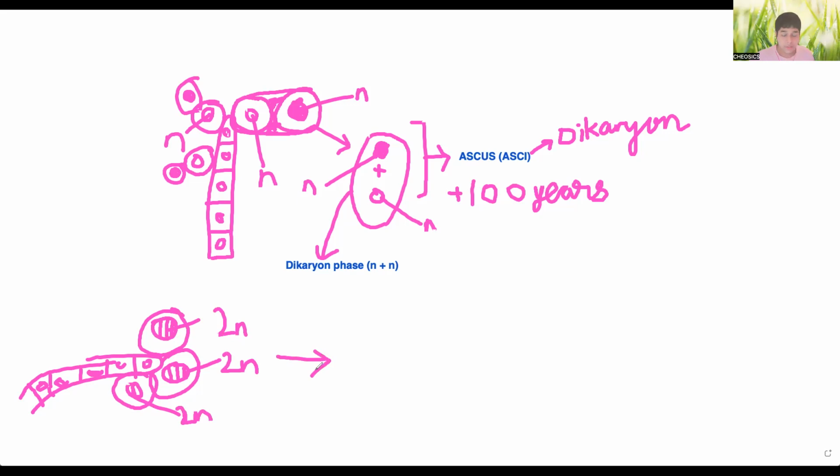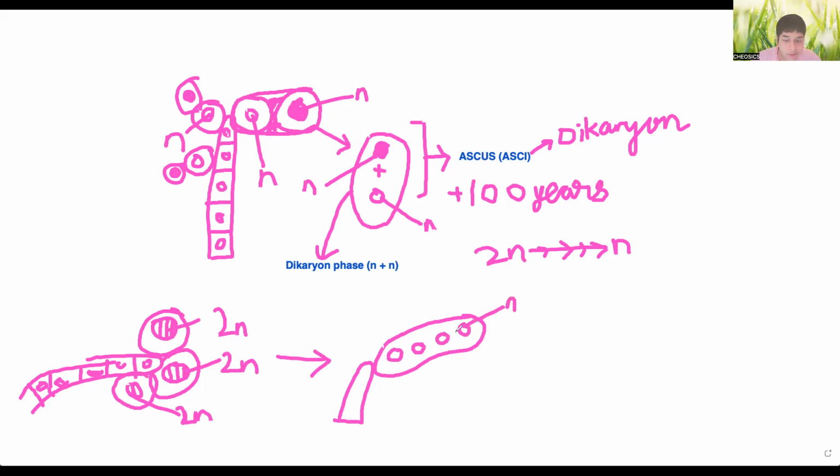This is sexual reproduction. So here what happens is, again now this is diploid, 2N. Meiosis, 2N gets converted to N. This forms 4 ends. So here you have this. This 2N will give rise to 4.